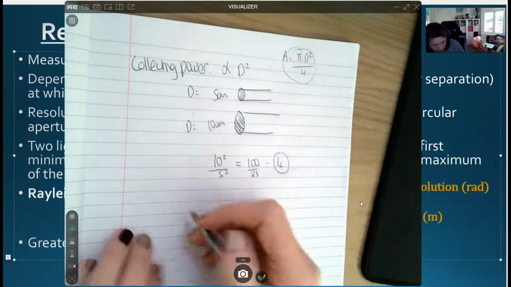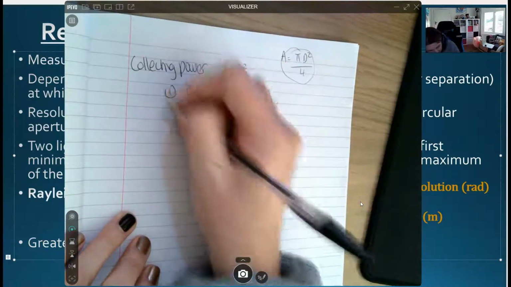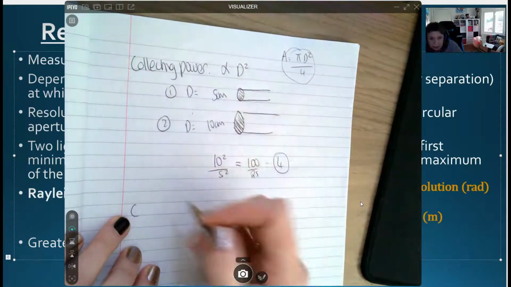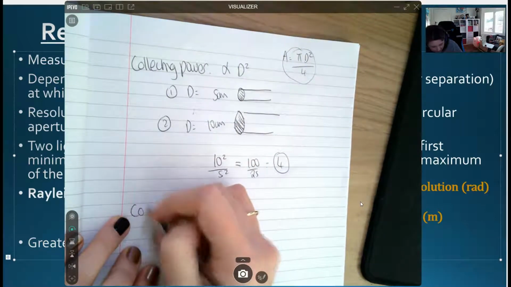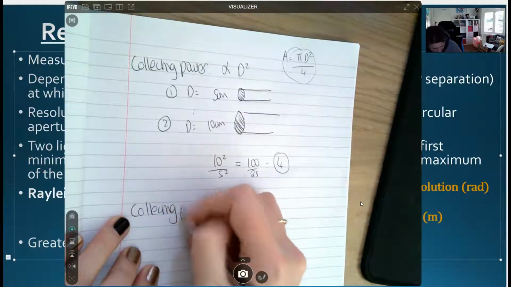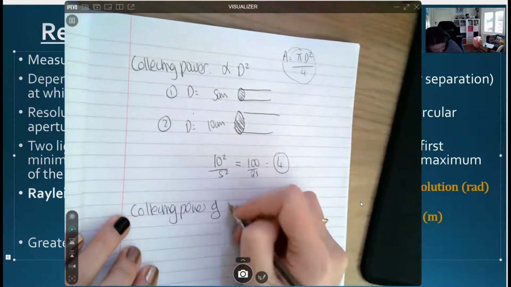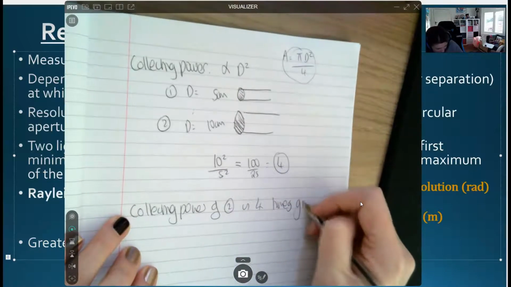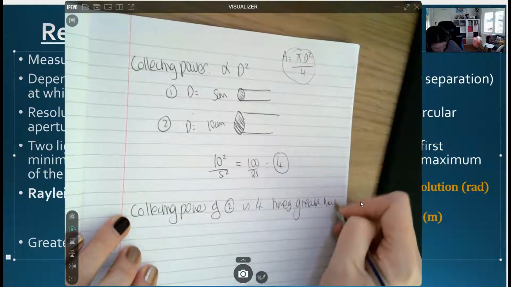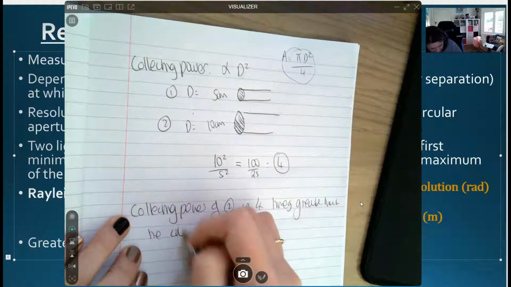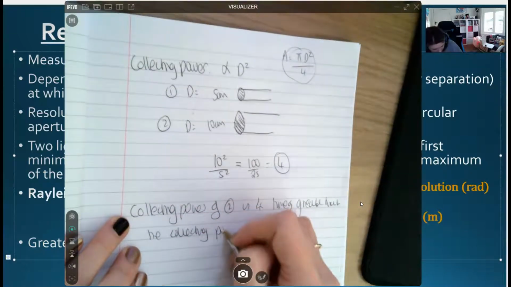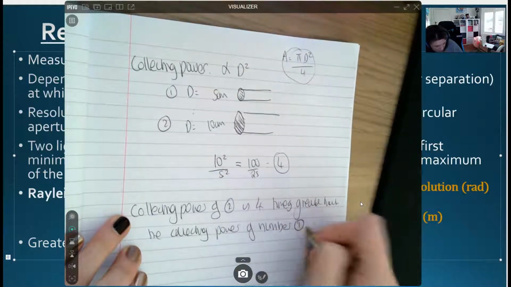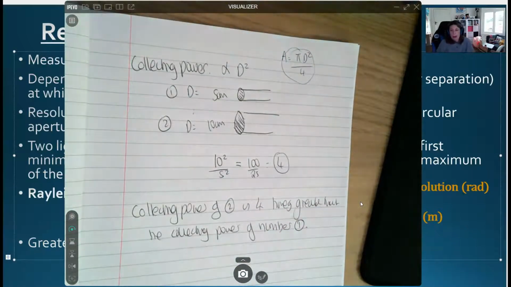So you would say collecting power is proportional to d squared, and the collecting power of number 2 is 4 times greater than the collecting power of number 1. So that means it's 4 times brighter.